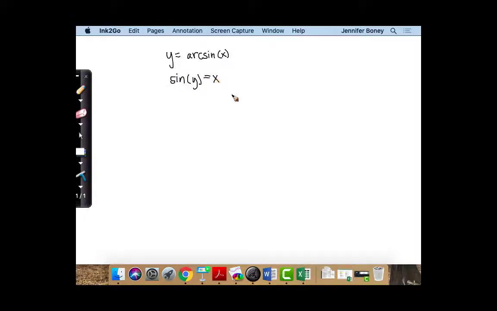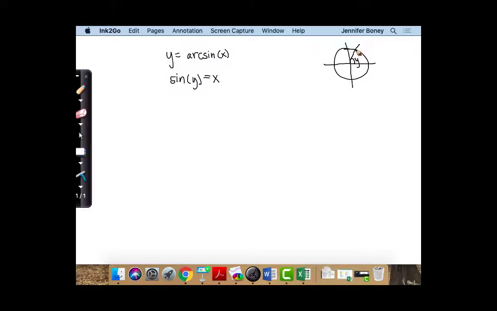That arc sine is the inverse function to sine, meaning if y is the arc sine of x, then the sine of y equals x. Or just thinking about our trig stuff we were just talking about, y here is an angle. I'm just going to draw it in the first quadrant for simplicity's sake. And x is the sine value.